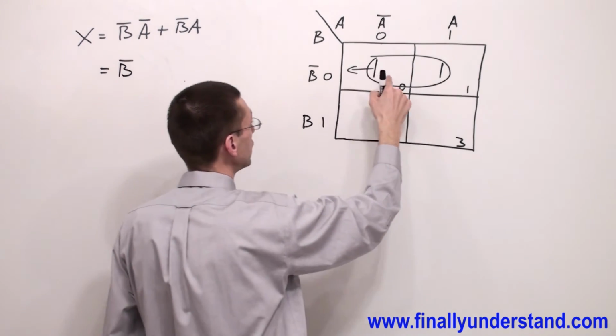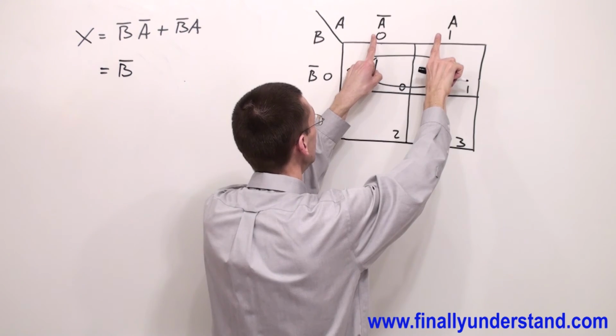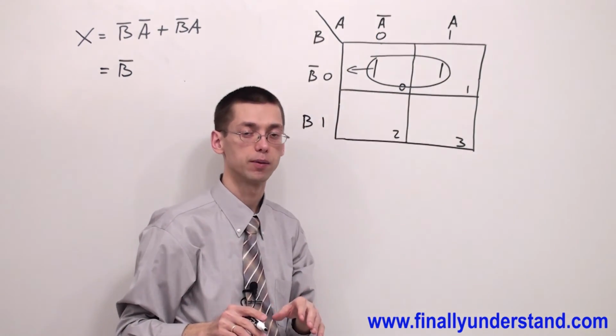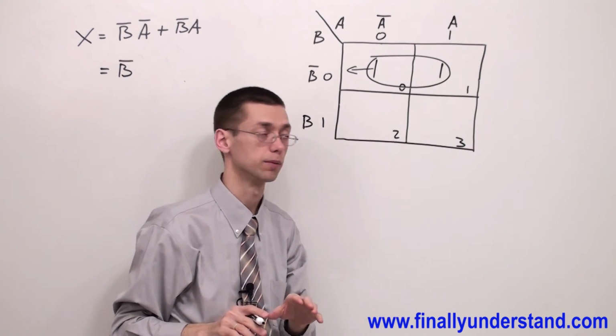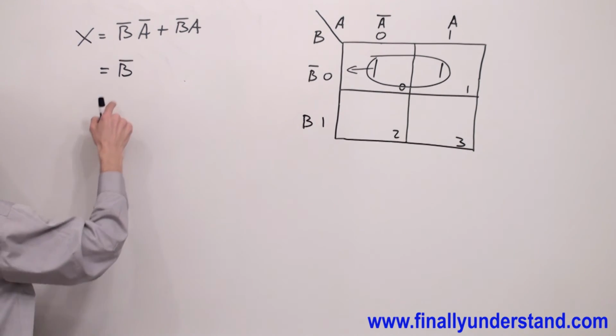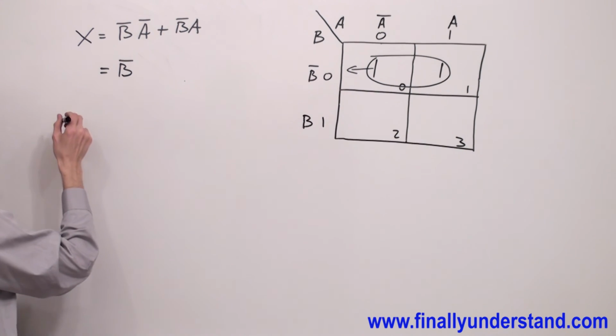This group is placed also in 2 columns. At the top of these 2 columns, I have complements. We said that anytime we have complements on the side or at the top of the K-map, we simply ignore them. That's why this is the Boolean expression after the simplification.